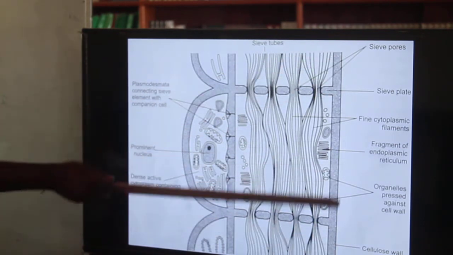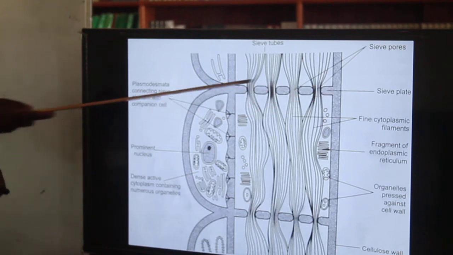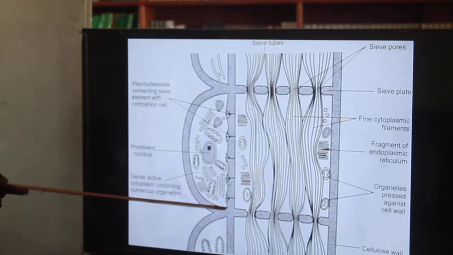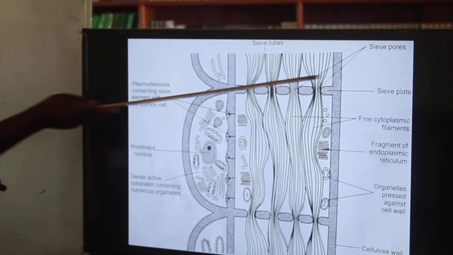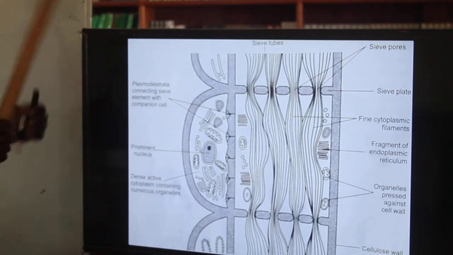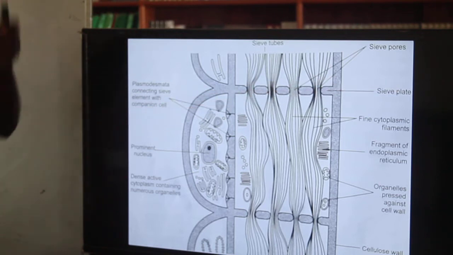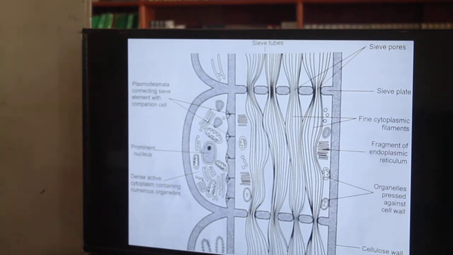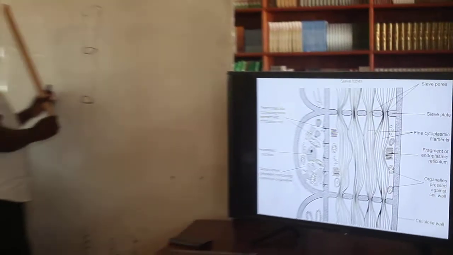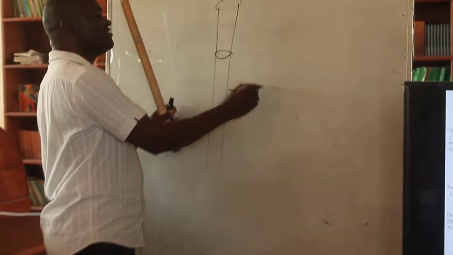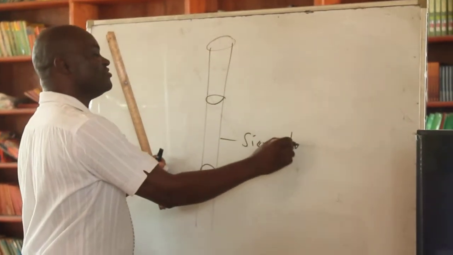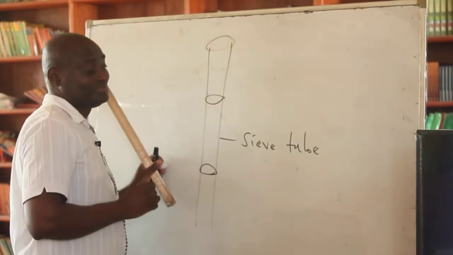And these sieve tubes are separated by plates. You call them sieve plates. So it is like a tube, but it is not continuous. We have plates in between. So this is a sieve tube element.